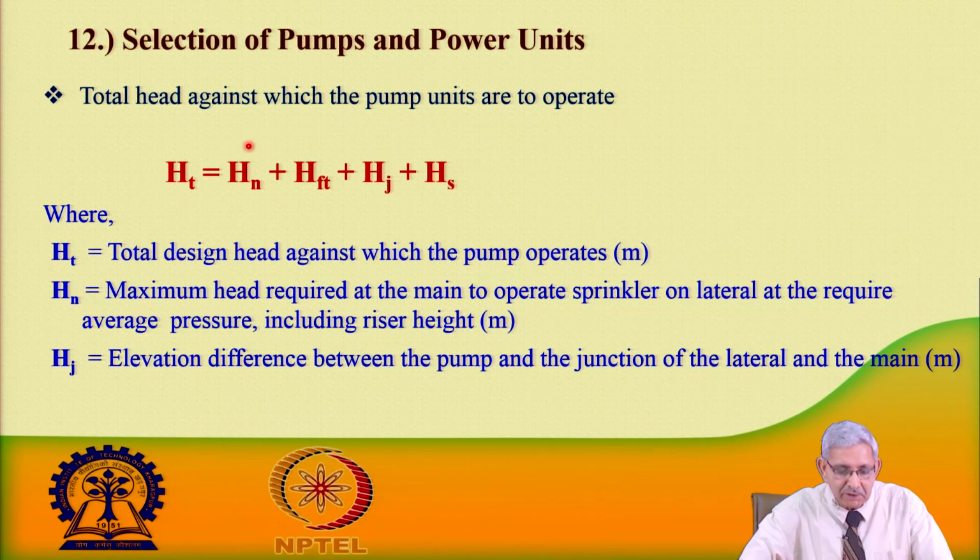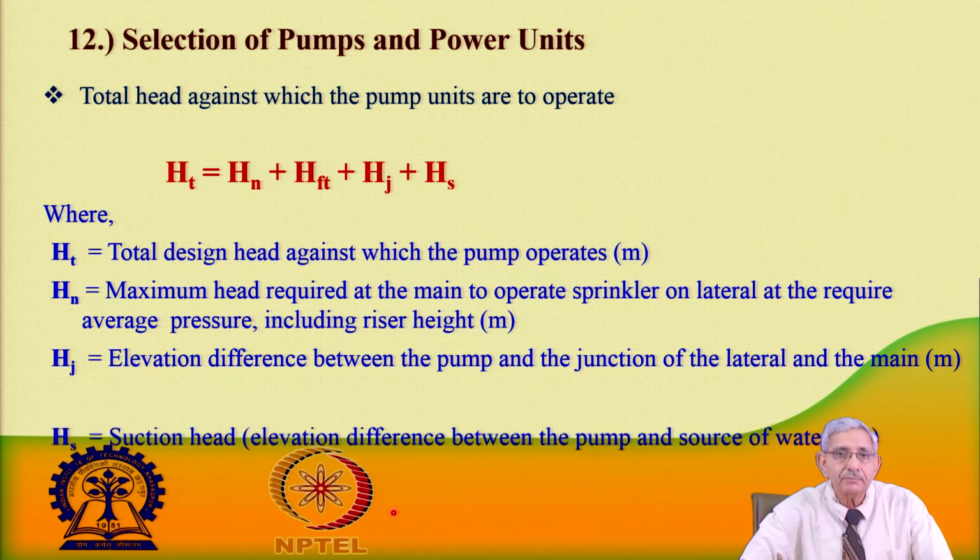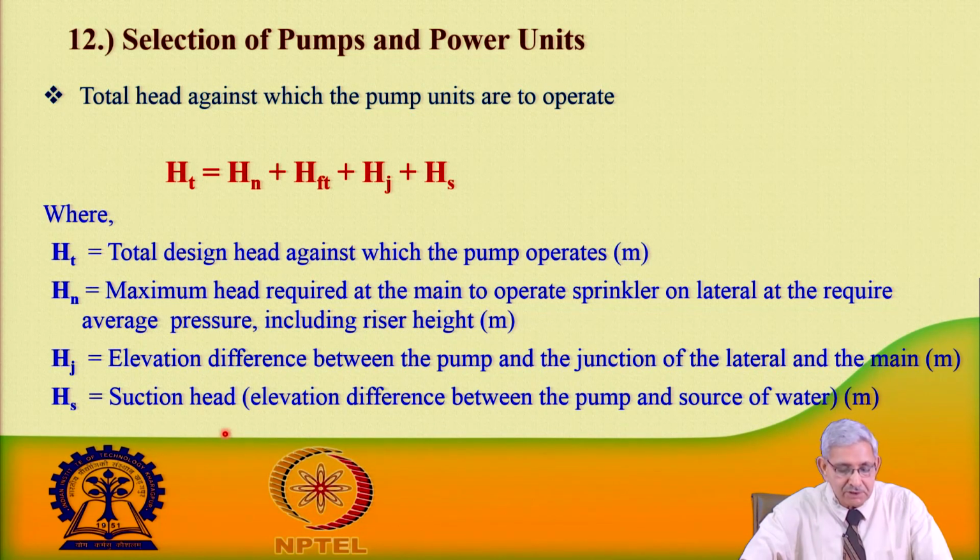H n is the maximum head required at the main to operate the sprinkler nozzle at the required average pressure, including the height of the riser pipeline. H s is the suction head, that is the elevation difference between the pump and the source of water.